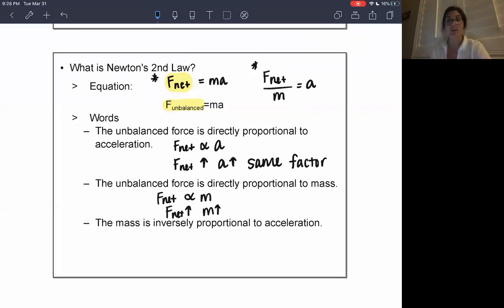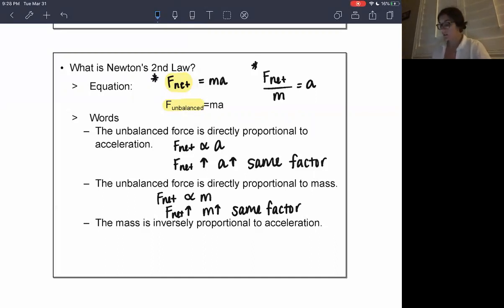So as I increase the mass of my object, I'm going to have to increase the net force that I apply to get it to accelerate. Since these are directly proportional, they increase by the same factor, and they also decrease by the same factor. Directly proportional just means that these two variables will change by the same factor.